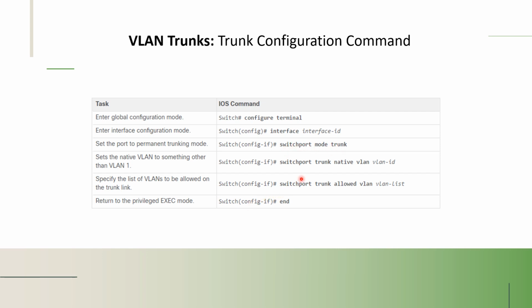Then with switchport trunk native vlan, you set the native VLAN to something other than VLAN 1. Then with switchport trunk allowed vlan, you will specify the list of VLANs to be allowed in the trunk link. Then you have to return to the privileged access mode by using the end command.